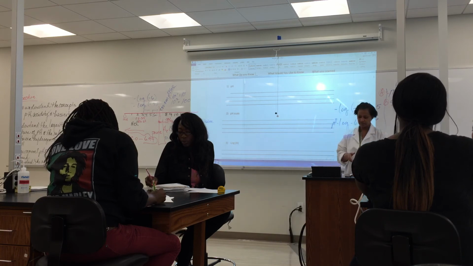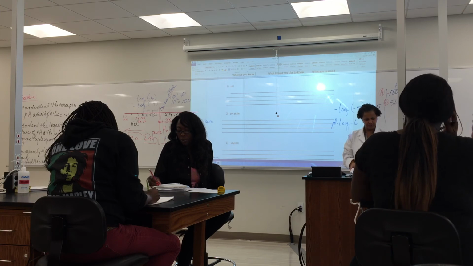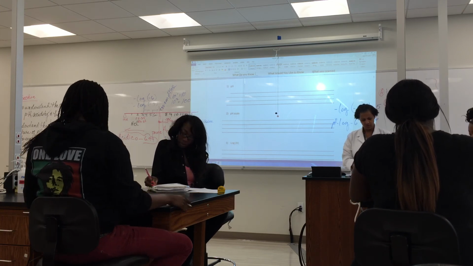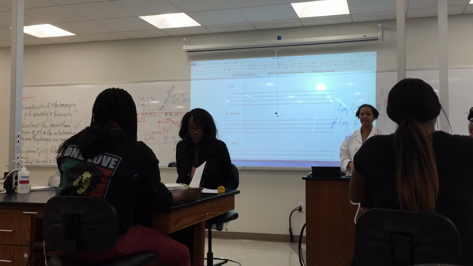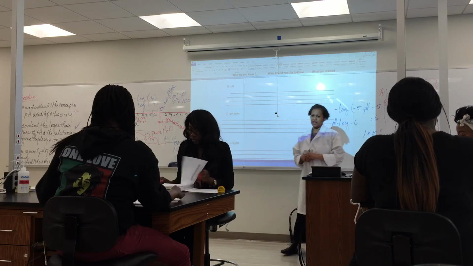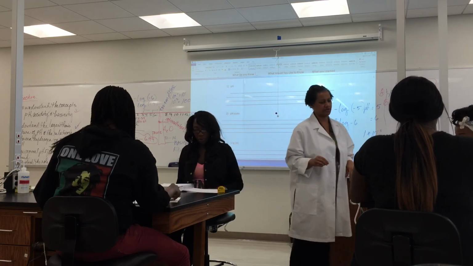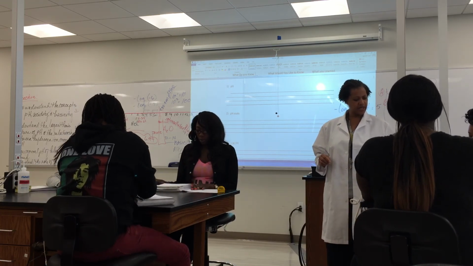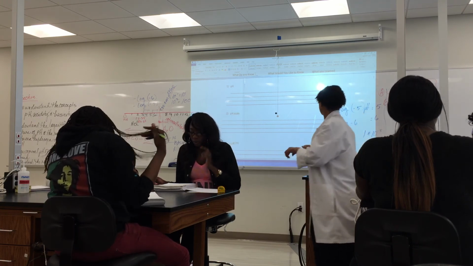All right, so now I'd like for you to open your lab manuals to page 197, Exercise Review, and we're going to use this as an exit ticket to see how much you have understood. The first one asks, a solution has a hydrogen ion concentration of 1 times 10 to the negative 5th.